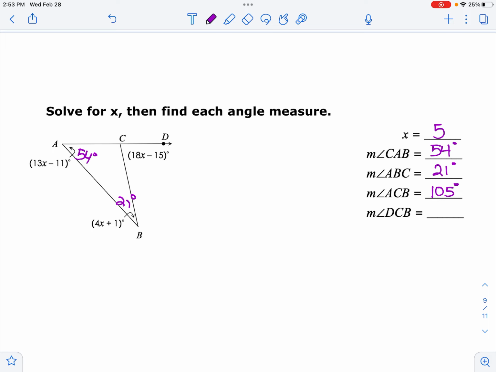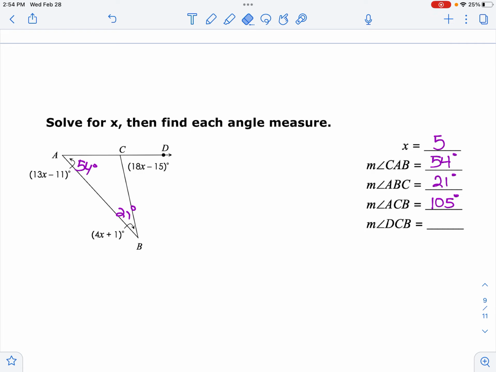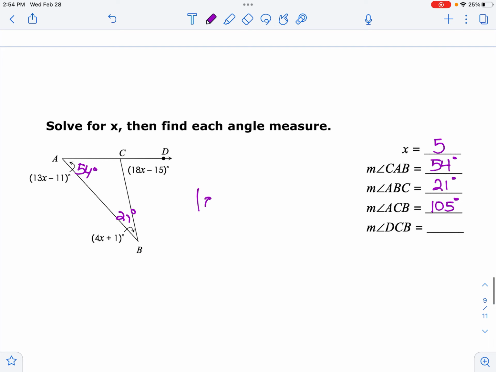Okay. So just an announcement there. Okay, now that we know that those two together, 54 plus 21 is 75. So that means that DCB has to be 75 or we did something wrong, right? So let's see if we can figure that out. So this 18 times 5 is 90 minus 15 is 75.